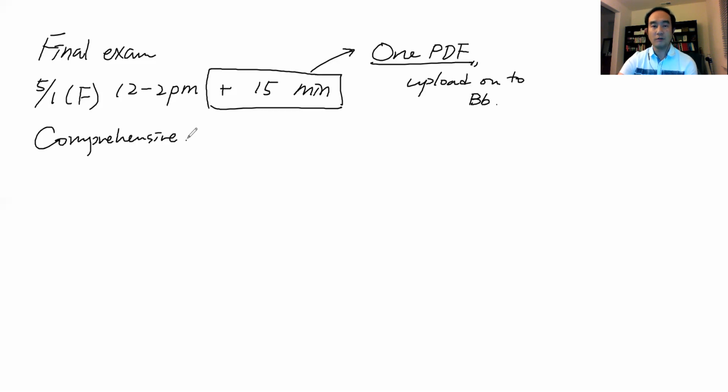That means it will cover all the contents that we went through from chapters 1, 2, 3, 4, 5, 6. Those are all from the textbook. Then we had separate materials like ASCE 7 or IBC to cover the seismic design procedure.